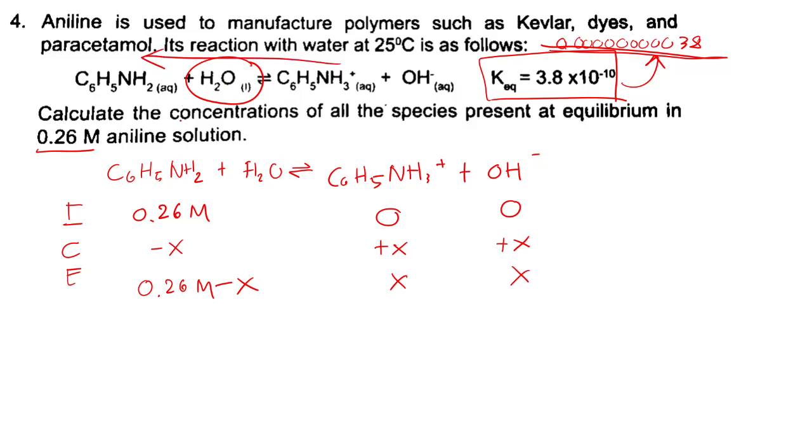So in this case, there will be very small changes in the concentration of our reactant. So here X will be very small also. So it's probably equal to 0. So in this case, we'll assume that X is equal to 0. Therefore, 0.26 minus 0 is approximately equal to 0.26.